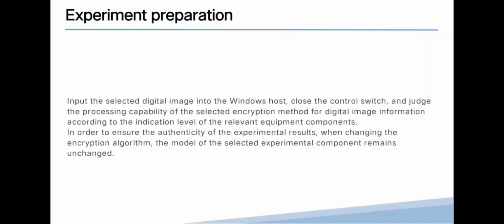So, input the selected digital image into Windows host, close the control switch, and judge the processing capability of the secure encryption method for digital image information according to the indication level of the relevant equipment components.